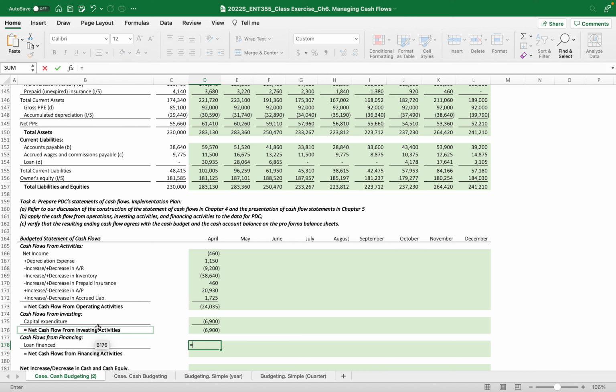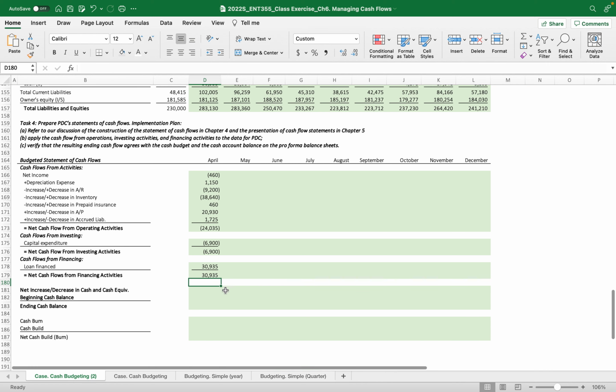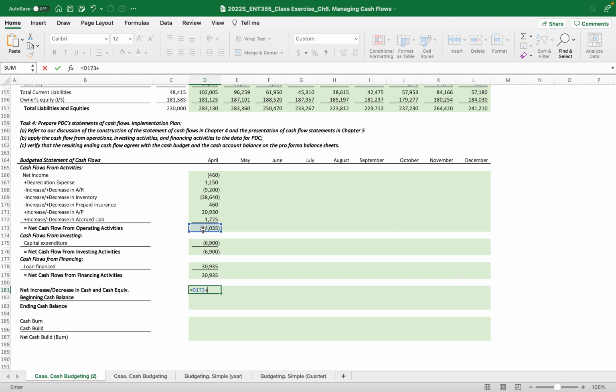And the loan financed from the liability increase means cash up. We don't have any other financing activities, so those are positive. The net increase or decrease, we add all the activities, operating, investing, and financing, and this is 0.